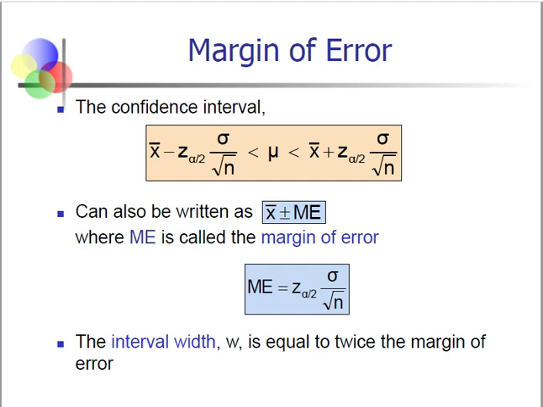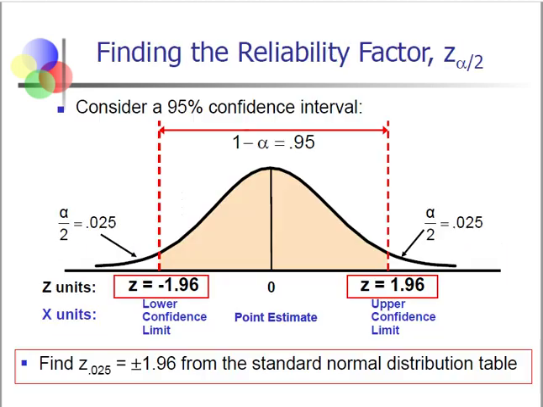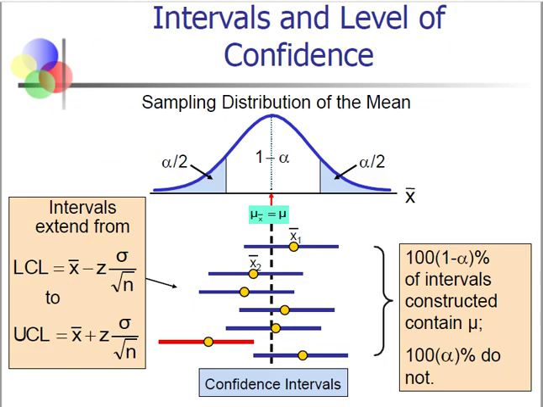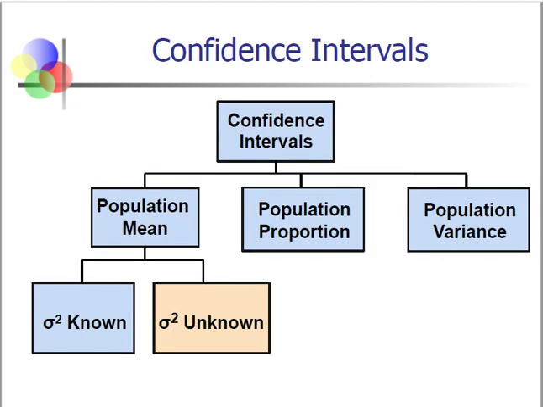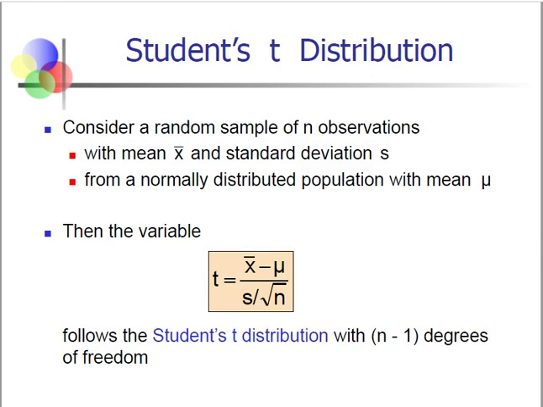But if the standard deviation is unknown and the sample size is less than 30, then we use the student t distribution.